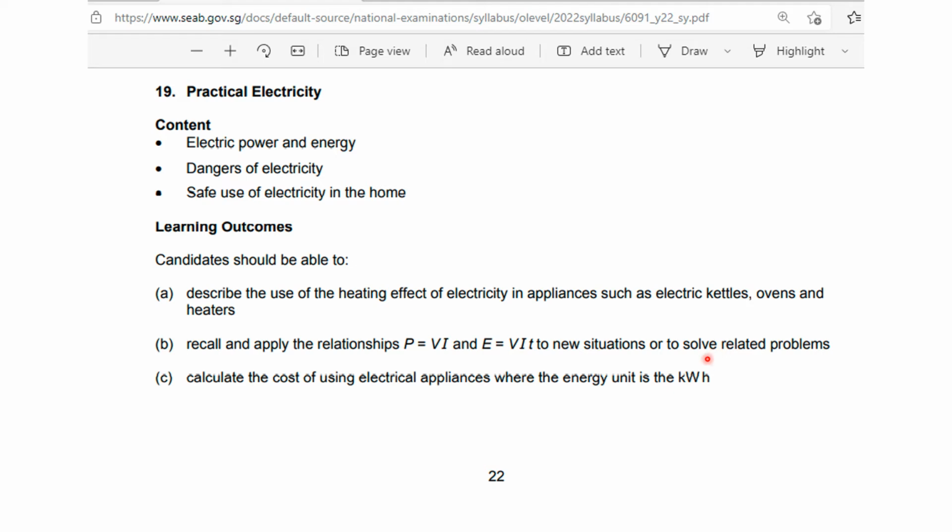Then you must make sure that your time is in hours. Then you can find energy in kilowatt-hours. Once you have found energy in kilowatt-hours, that refers to 1 unit of electrical energy. When calculating the cost of electricity, multiply it by the cost per unit to find the total cost of using the appliance.